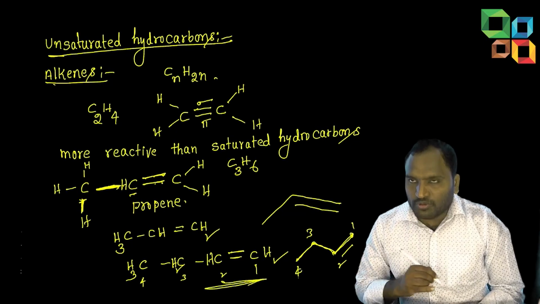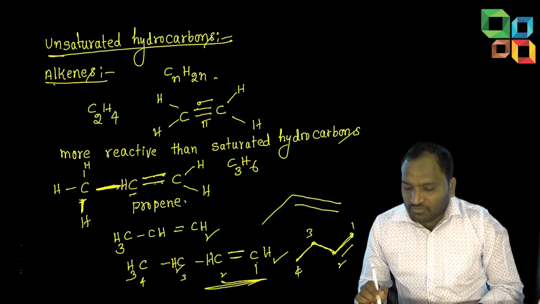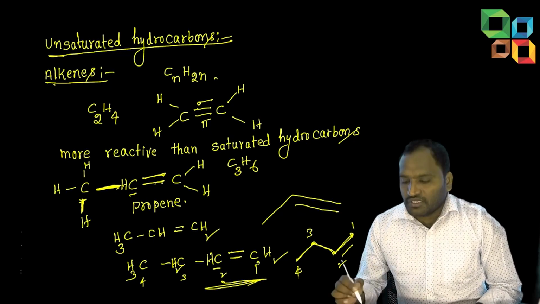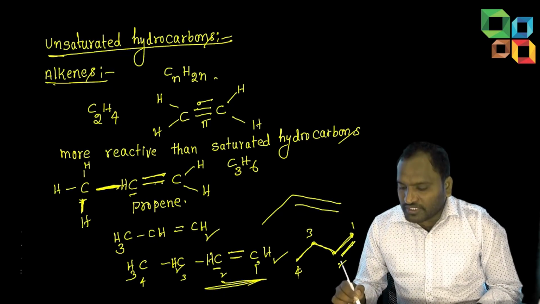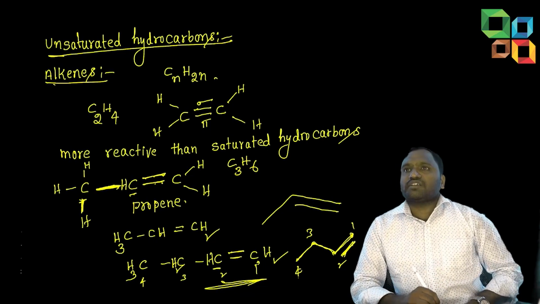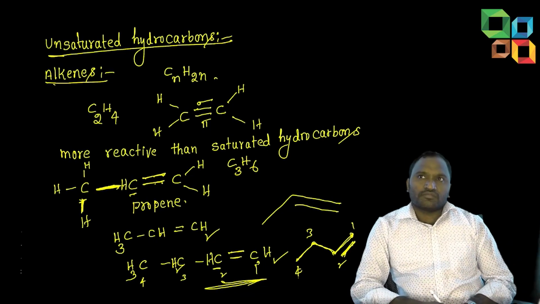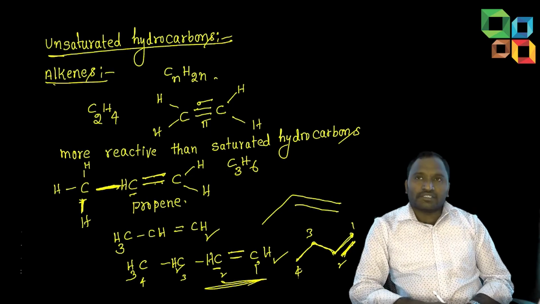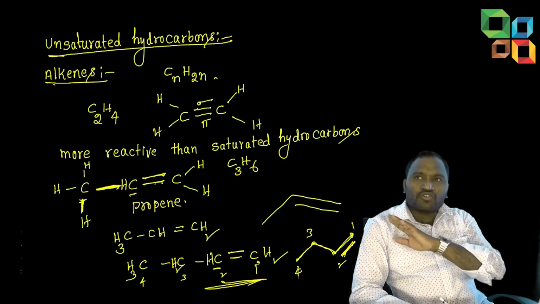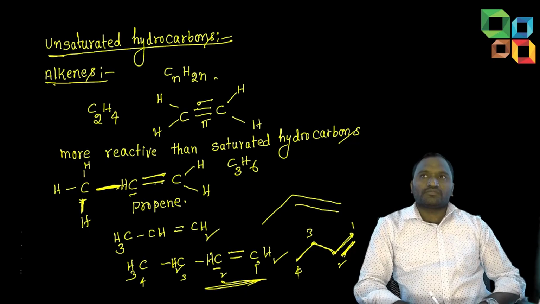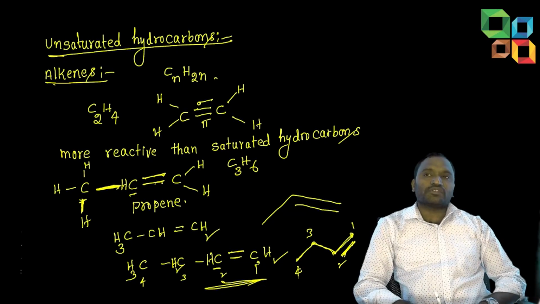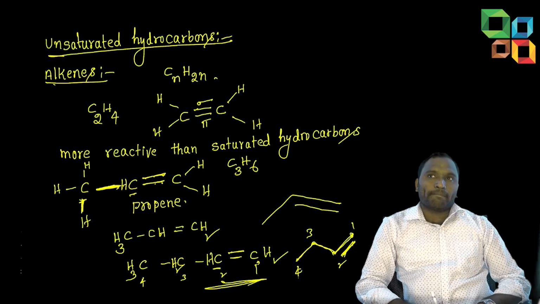In the first compound, the double bond is present between the first carbon and second carbon, right? So here also I put a double bond between the first and second carbon. Only that much. The lines represent the covalent bonds, right? All are covalent bonds only. Organic compounds form covalent bonds only.